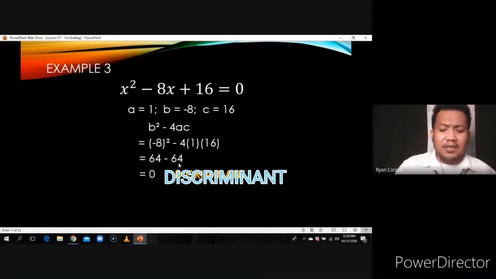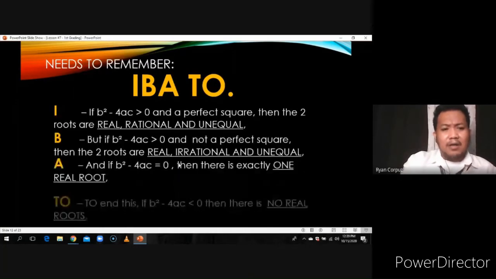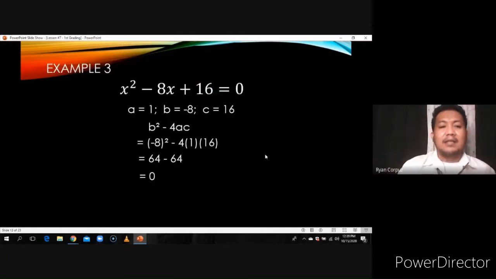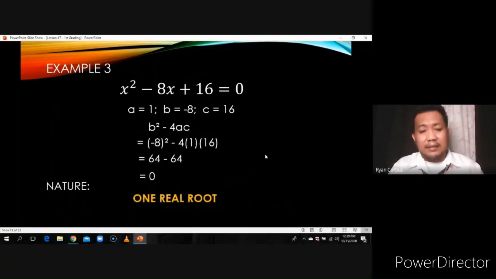So since your discriminant is 0, let's go back. It says here, if your discriminant is equal to 0, then according to the third, there is exactly one real root. So therefore, since 0 is the discriminant of example number 3, its nature is one real root.